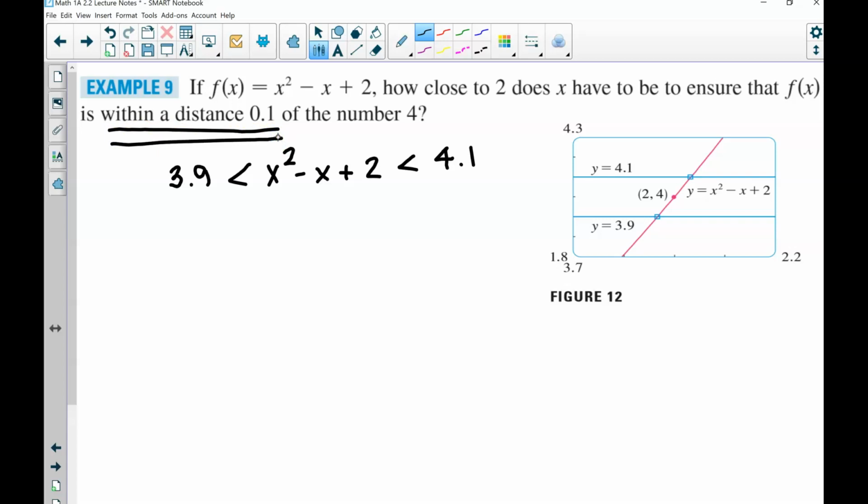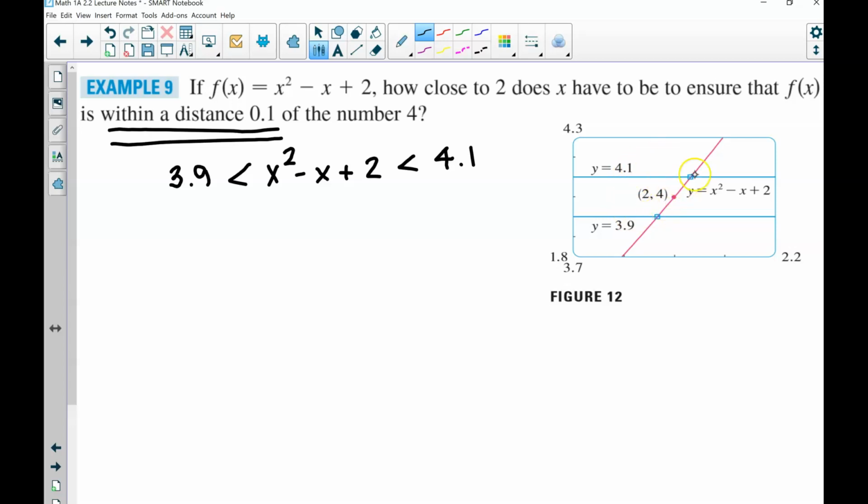Now we need to determine the values of x such that the curve y equals x squared minus x plus 2 lies in between those two horizontal lines, y equals 3.9 and y equals 4.1.